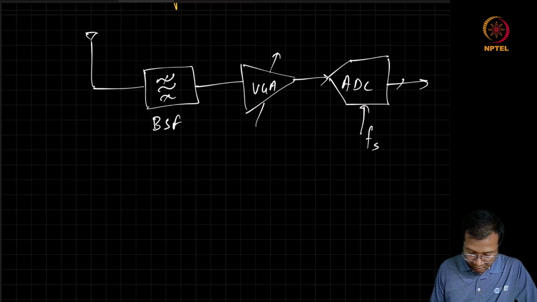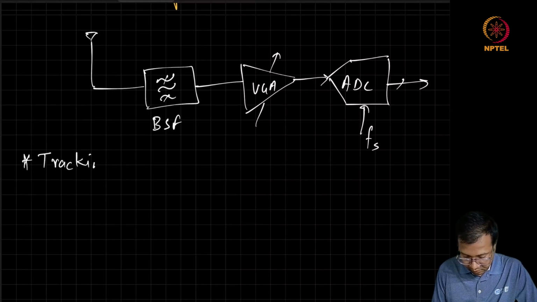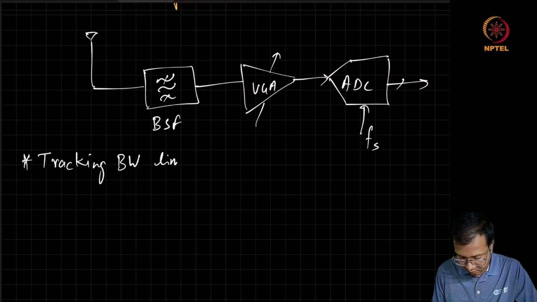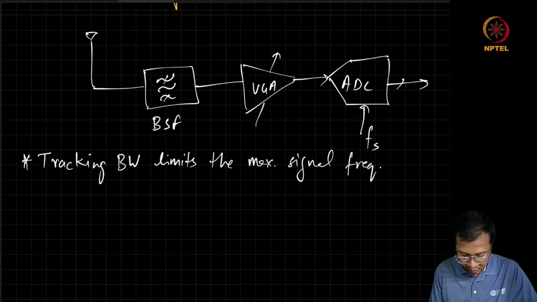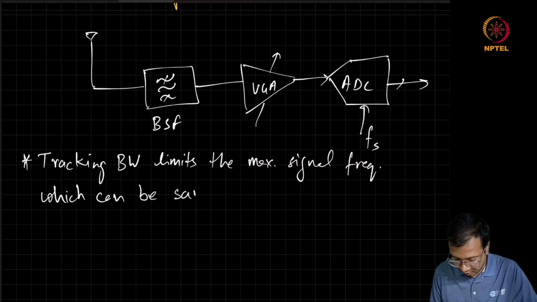And this tracking bandwidth limits the maximum signal frequency which can be sampled.